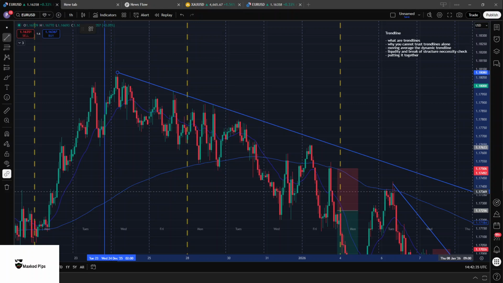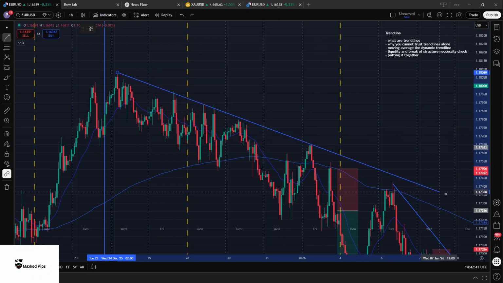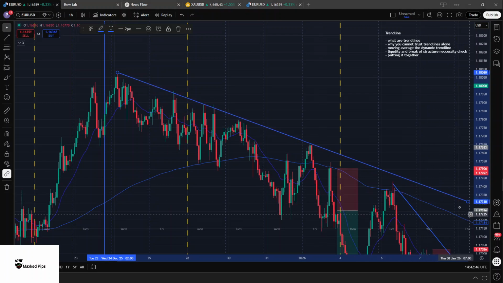This is a line that connects the past market to the current market. So that is a trendline.